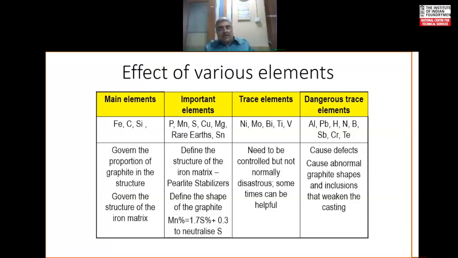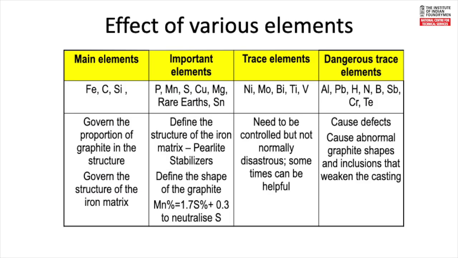That means whether pearlite will form or carbides will form. They also help, especially rare earths and sulfur. They will define the shape of the graphite as well. Usually, manganese is used for neutralizing the sulfur because sulfur tends to form low melting phases in iron.